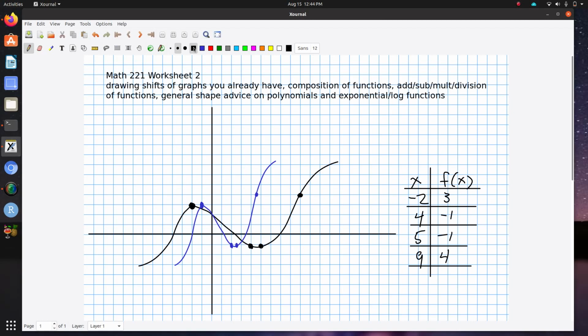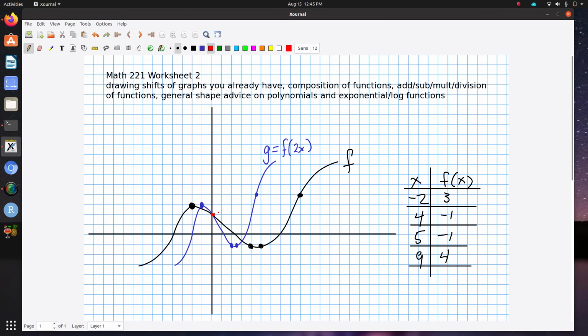Okay, so this is our f. I got rid of those numbers that were just driving me nuts. g is equal to f of 2x, because this graph is going twice as fast as f. And what you're going to notice about this kind of shift is that wherever f is at 0, g will be at 0.